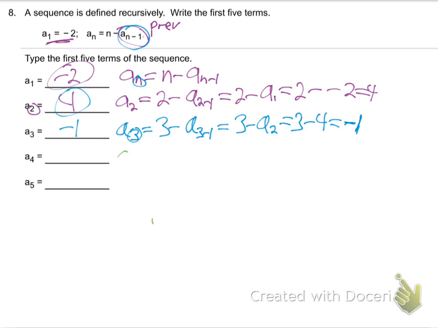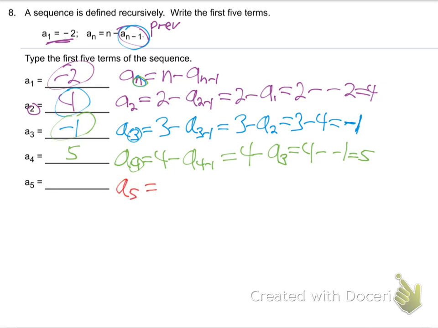And then A sub 4, plugging in a 4 for n, is 4 minus A sub 4 minus 1, which is 4 minus A sub 3. 4 minus the previous term, A sub 3, negative 1, minus a minus is plus 1, that's 5. And finally, A sub 5, plugging in 5 for n, 5 minus A sub 5 minus 1, 5 minus A sub 4, the previous term, 5 minus 5, 0. And there we go.